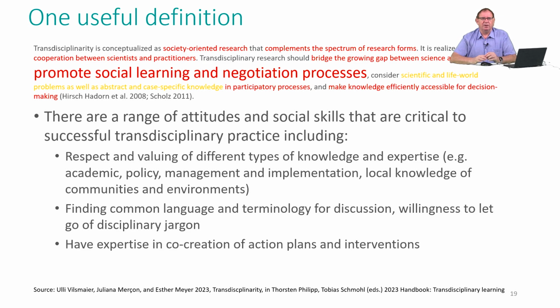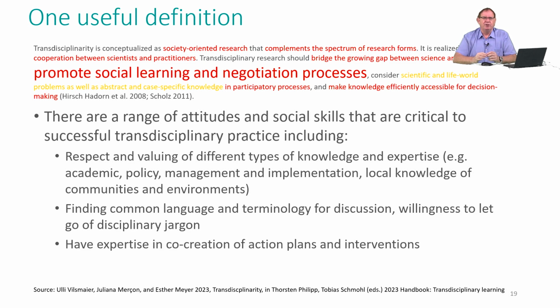The next component of the definition talks about promoting social learning and negotiation processes. There are a range of attitudes and social skills that are critical to successful transdisciplinary practice.